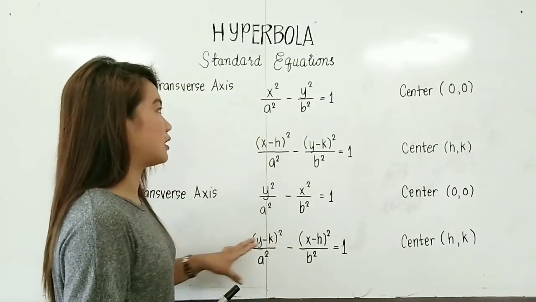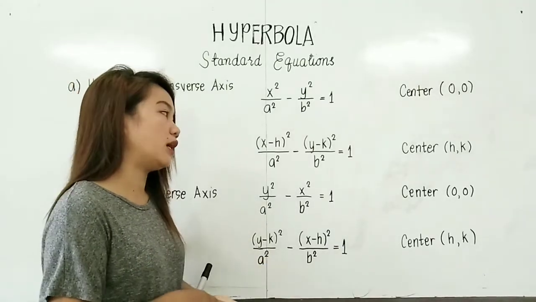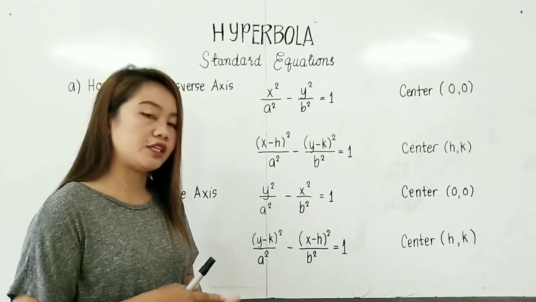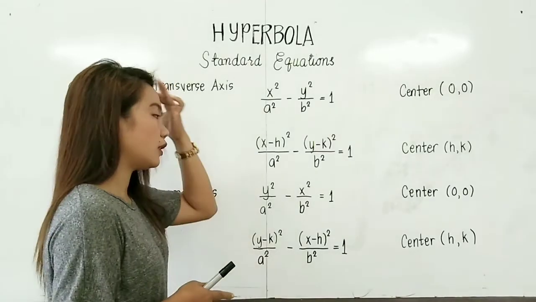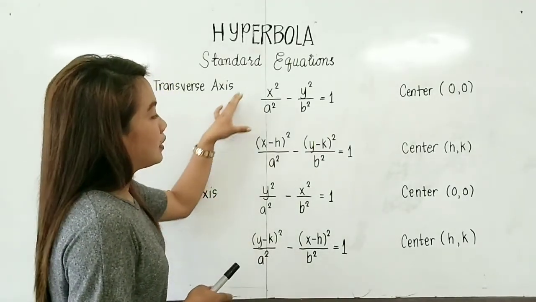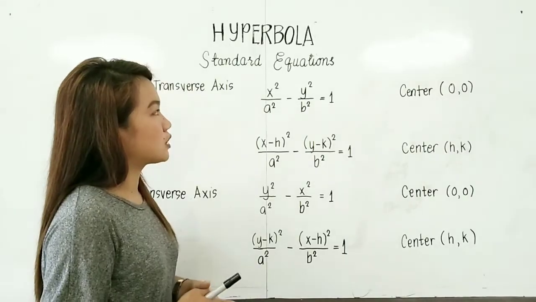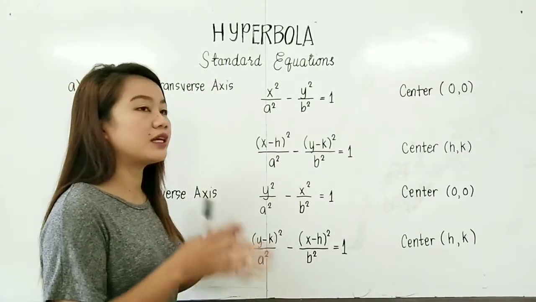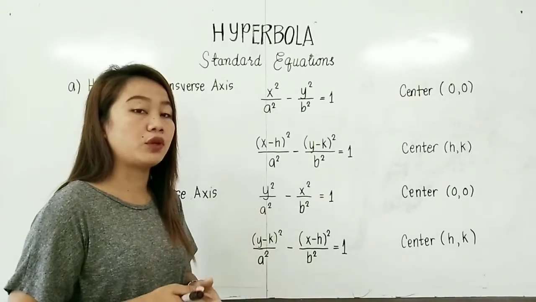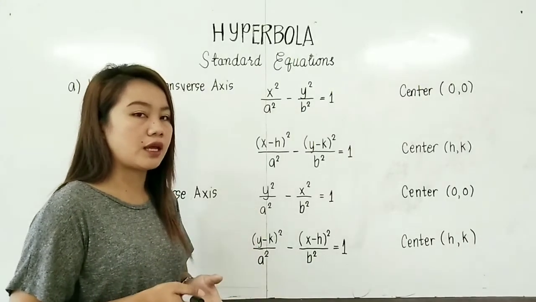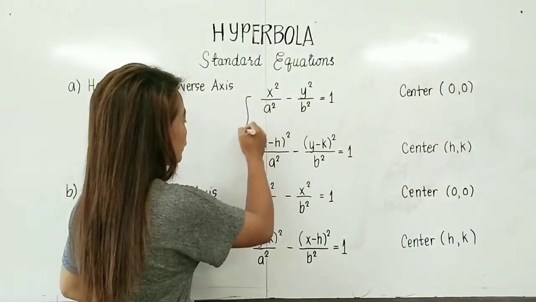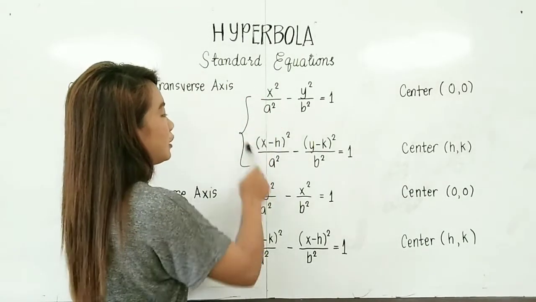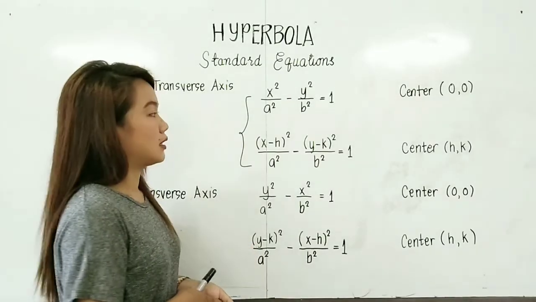So these are the four standard equations of a hyperbola depending on the center and on the position of its transverse axis. Now, let us examine these four equations. How do we identify if the transverse axis of the given equation of a hyperbola is vertical or horizontal? In these first two equations, we can observe that the first variable is x.